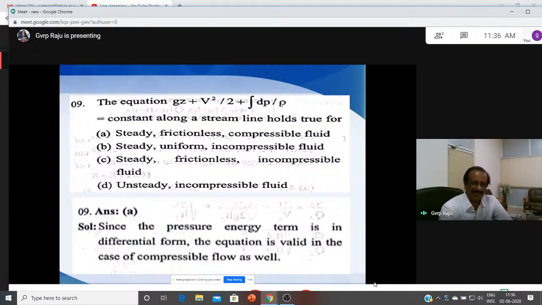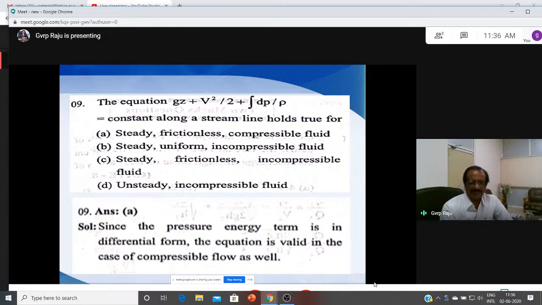But in this equation, if you see here, integral dP by rho is also considered. That means rho is not constant. If rho is not constant, then it is a compressible fluid. If rho is constant, you can take it outside and it has no effect. It is an integral dP by rho, so this is a compressible fluid.